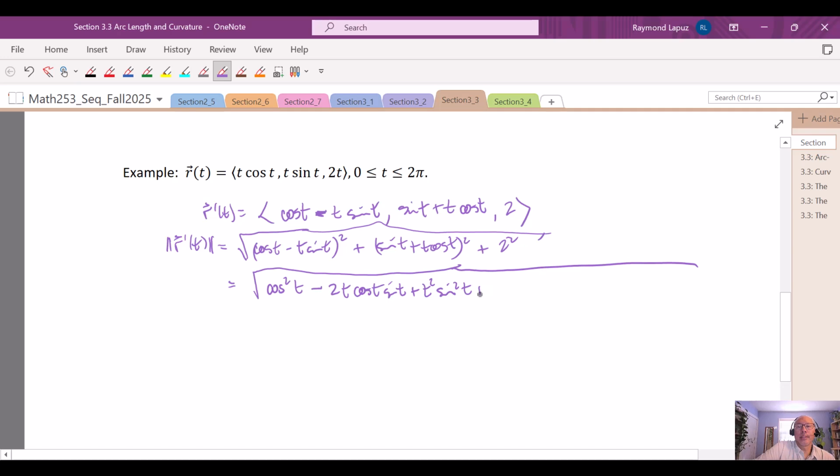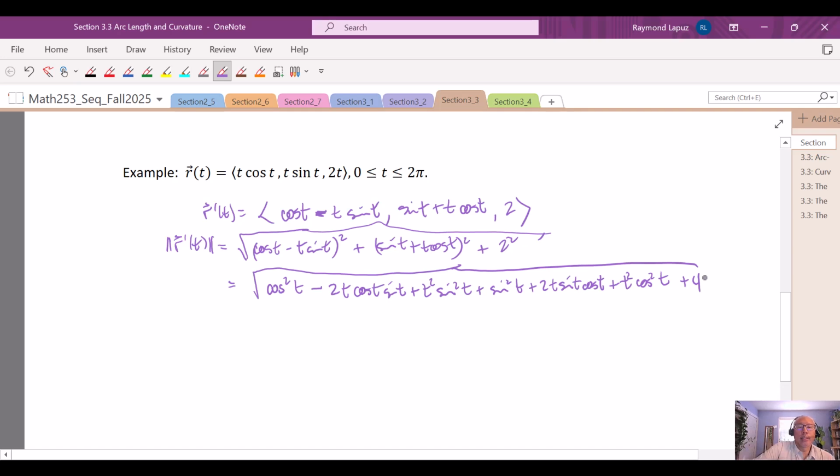Now the second term will be sine squared t, and then again twice t sine t cosine t, and then the last term is going to be t squared cosine squared t, and then we have a 4 at the end.